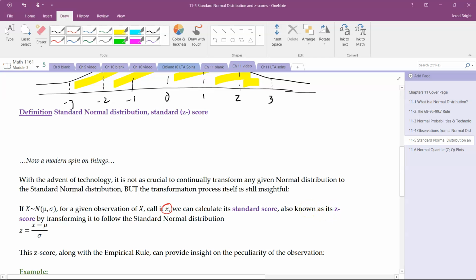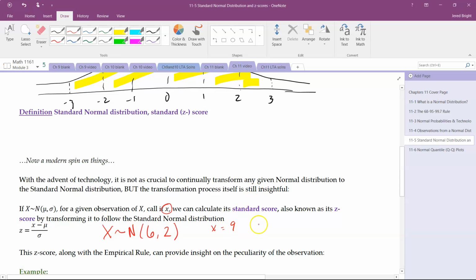What this is useful for, so let's pretend we have a normal distribution with mean 6 and standard deviation 2. And let's pretend we have an observation that is 9.